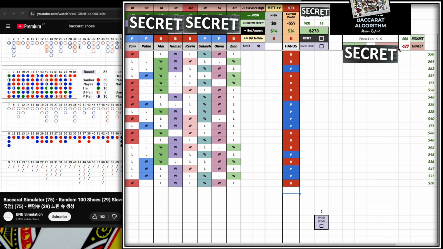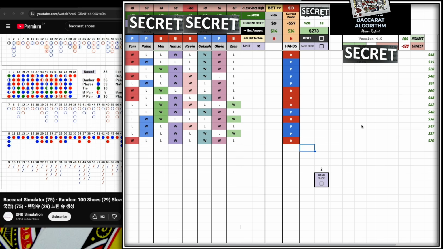Okay, highest profit $64. Biggest drawdown minus $20. Currently sitting at plus $20 with the next bet being $19 on banker. Let's go to shoe 59.